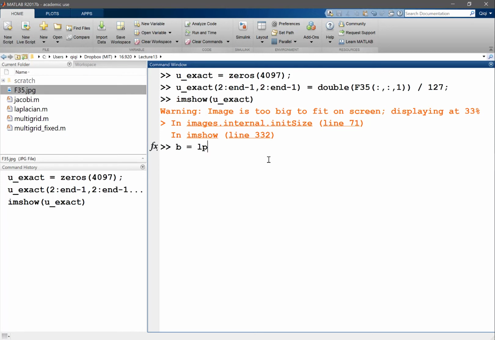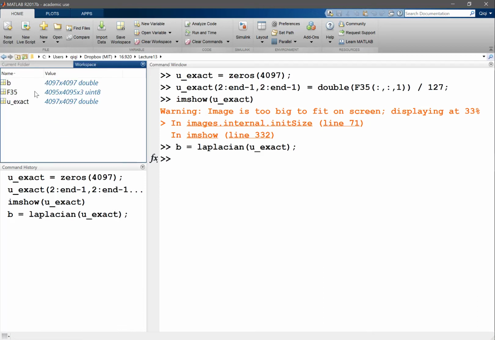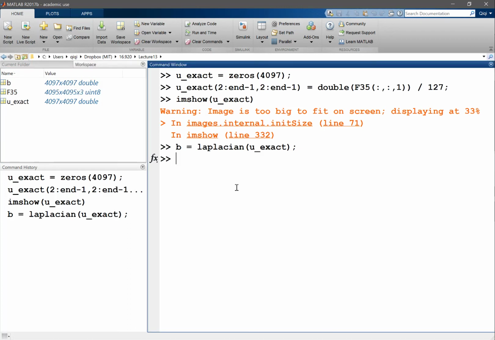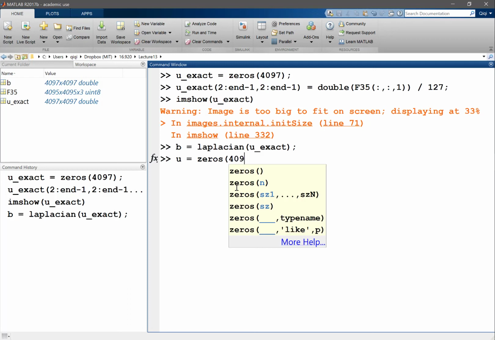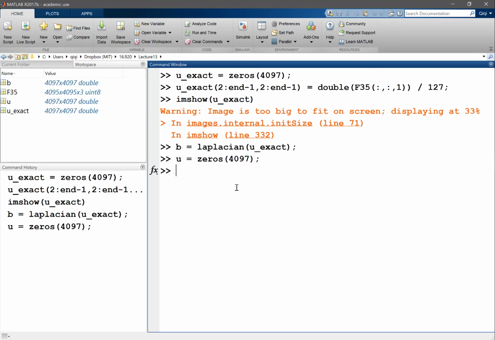Here, the Laplacian is my matrix A. So now I computed my B to be a double array of the same size. Now let's try to solve this equation by Jacobi iteration. I set U equal to zeros, 4097 by 4097, as our initial guess, and U equal to Jacobi of U and B. That's calling our Jacobi iteration.